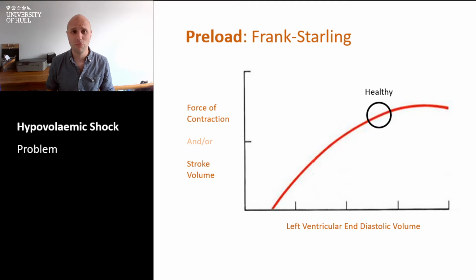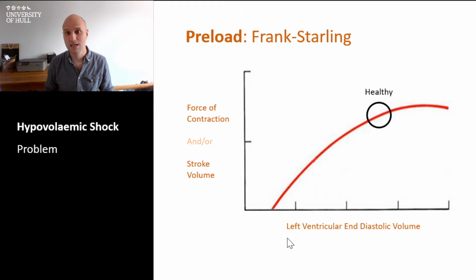And if we go back, we've got this relationship between how full the left ventricle is, so the left ventricular end diastolic volume, and the force of contraction or the stroke volume that's ejected each time the heart beats.